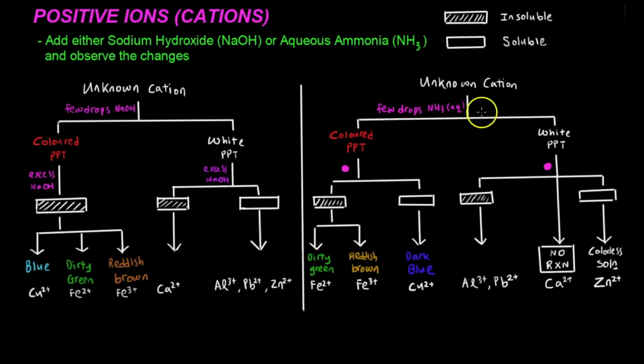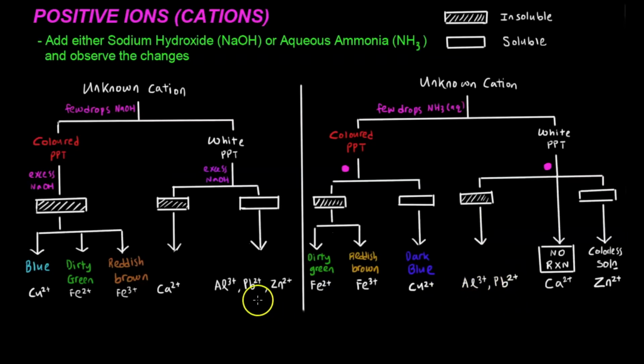Now on the second half, if I add a few drops of aqueous NH3 to my unknown cation, it forms a white precipitate, correct? And then I add excess NH3. If it's insoluble, it is definitely either Al3+ or Pb2+.